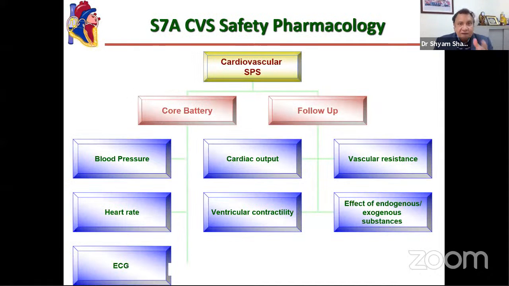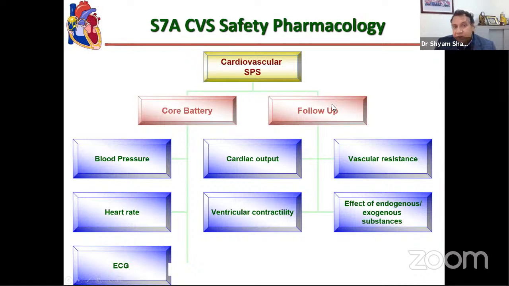These are the cardiovascular safety pharmacology core battery and follow-up studies. What does the core battery study involve? You need to investigate whether the new chemical entity has any effect on the blood pressure, the heart rate, or the ECG.